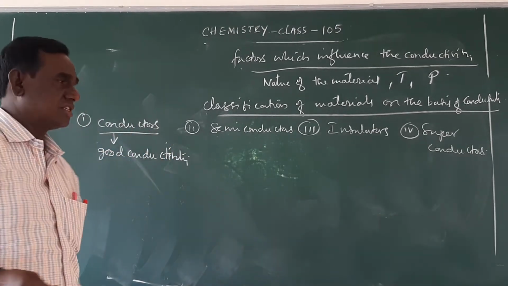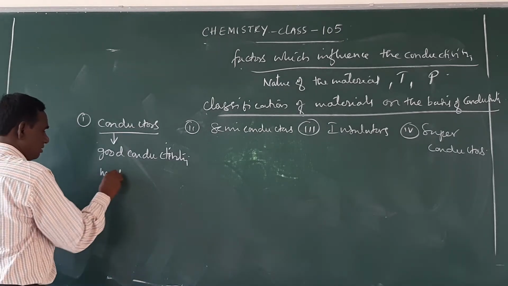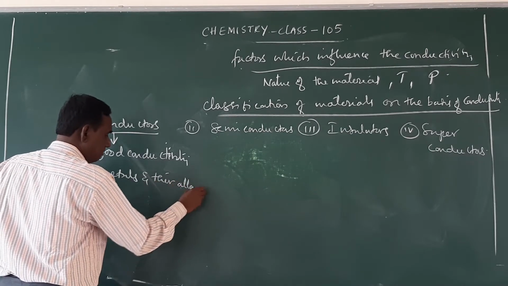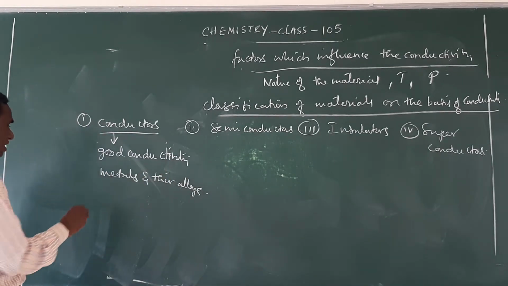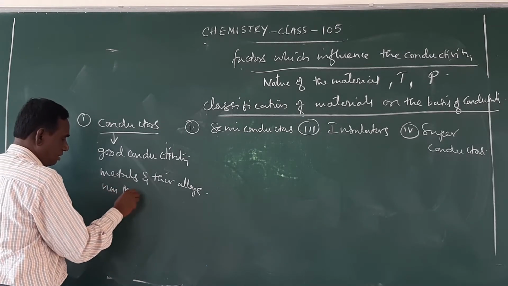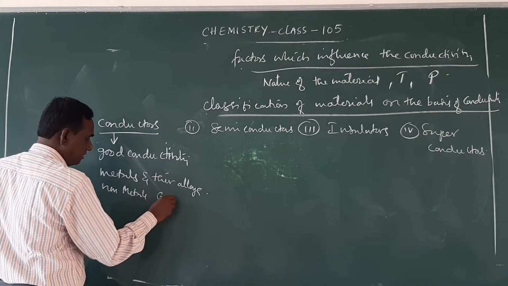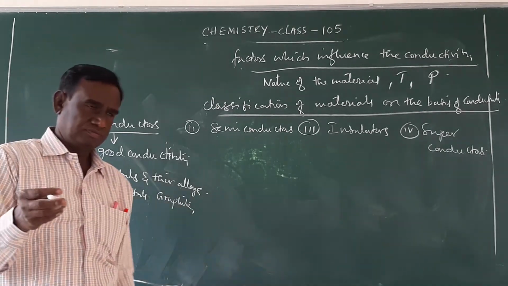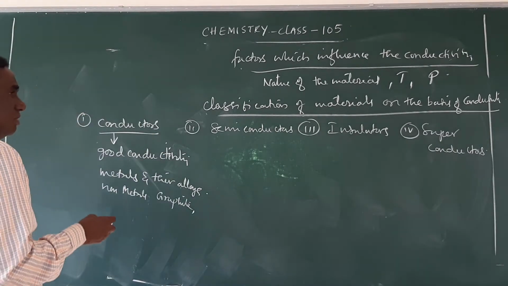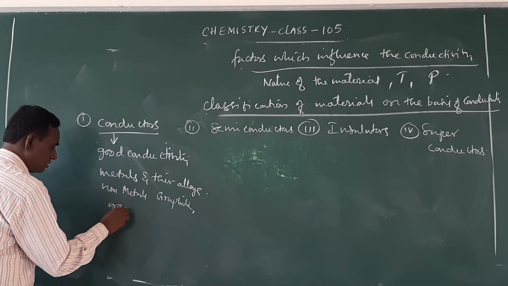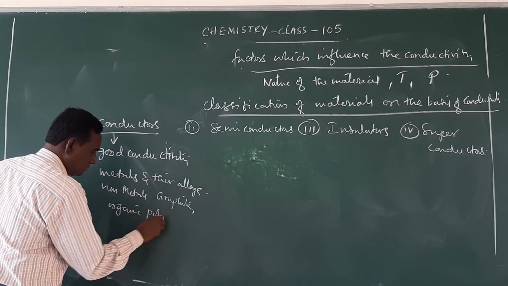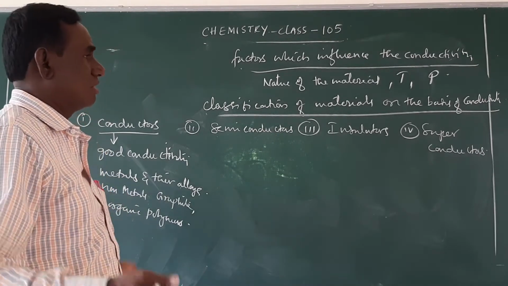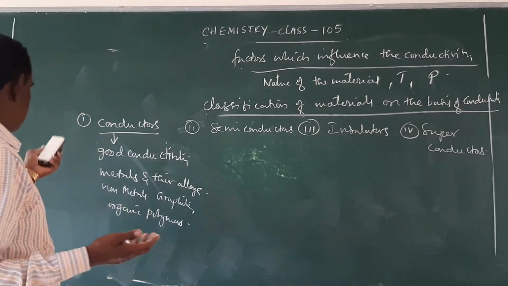Examples are metals and their alloys, and then non-metals like graphite, and some organic polymers also act as conductors.